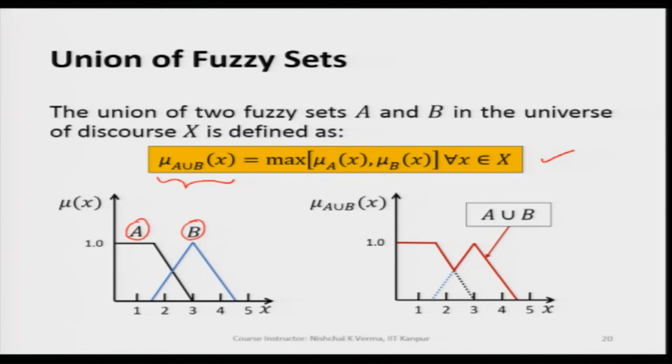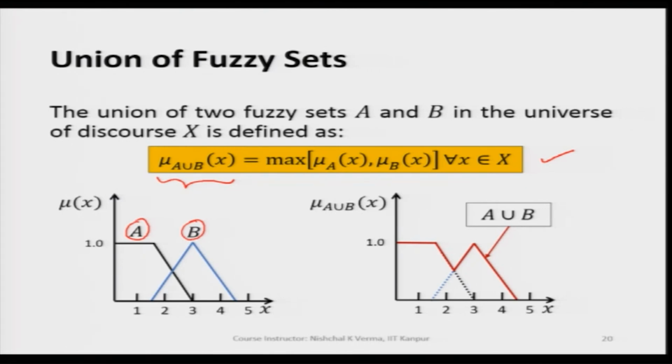If we apply this condition, it says that at each and every generic variable value we take the maximum of the corresponding membership values.